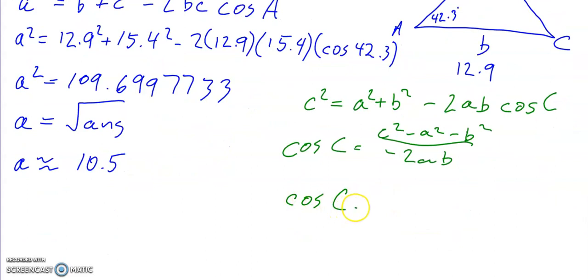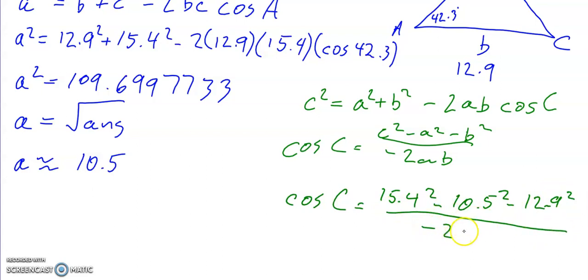The cosine of C is going to be 15.4 squared minus 10.5 squared minus 12.9 squared all over negative 2 times 10.5 times 12.9.